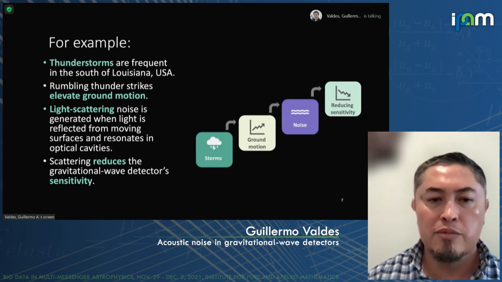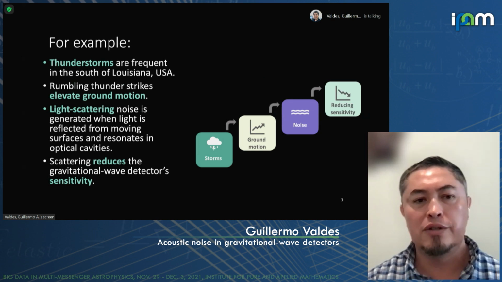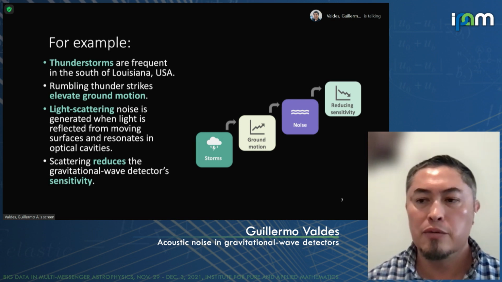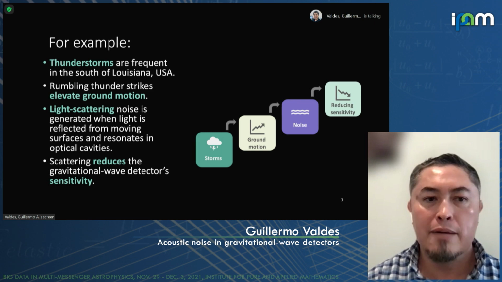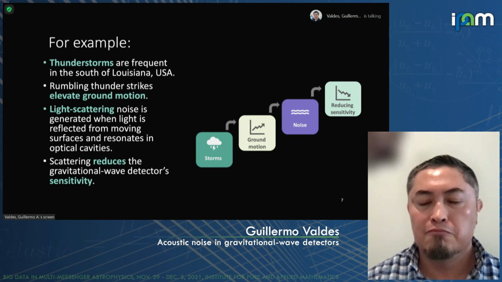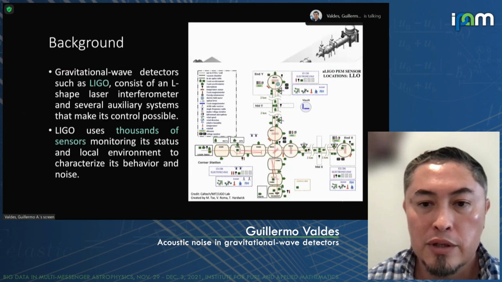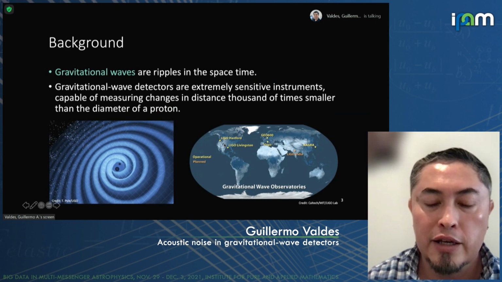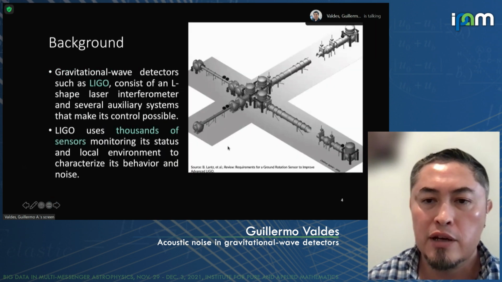For example, let me give you an example of how these acoustic noises go into light. We have a lot of thunderstorms in Louisiana, right? Remember, just to go back to this one, we have one detector in Washington and the other one in Livingston, Louisiana.